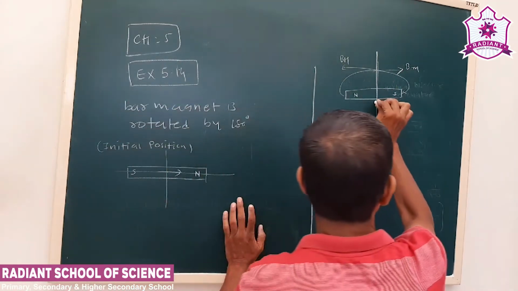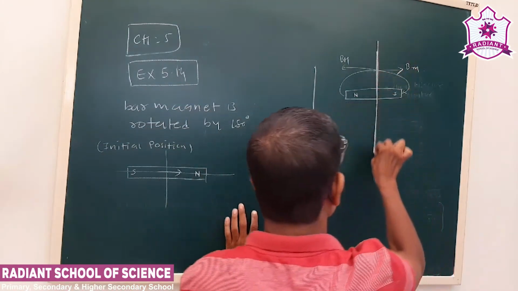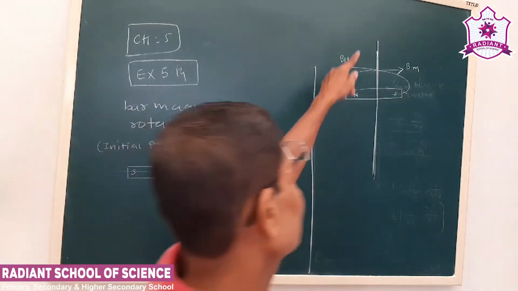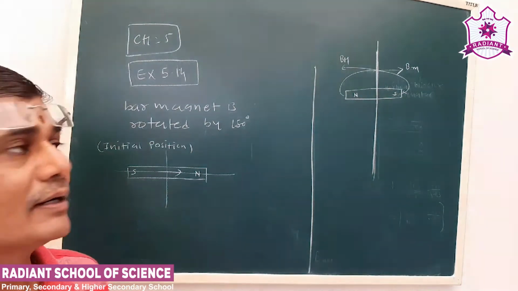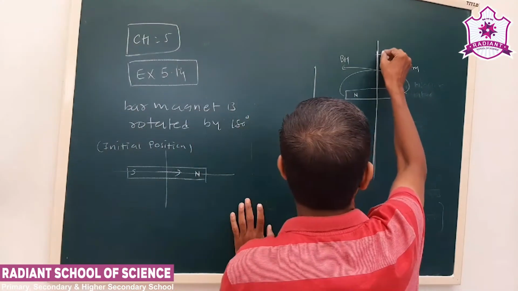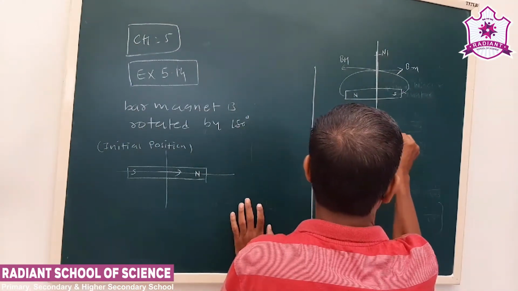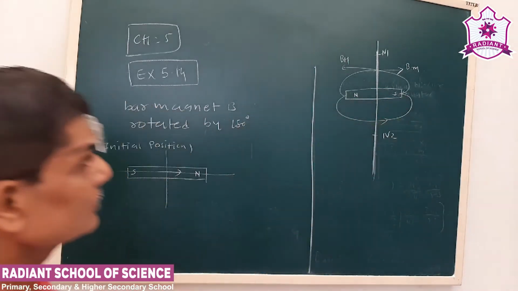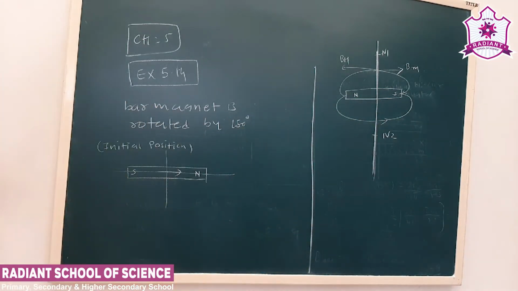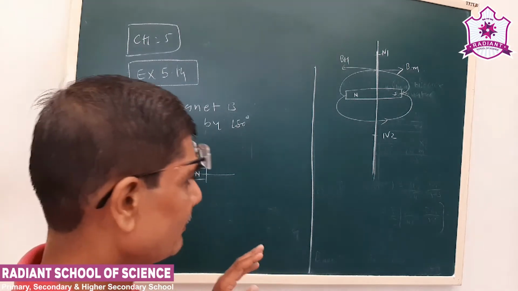Now this line, it was somewhere on this line. What do we call this line? This line is nothing but the equator. The null point can be here, N1 or N2 also. Why? Because suppose I consider the magnetic field like this. So what we see here is that the null point will be on the equator.